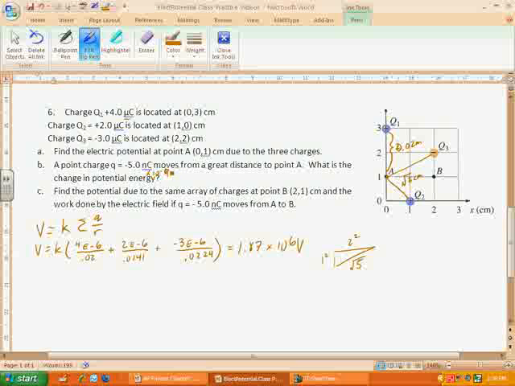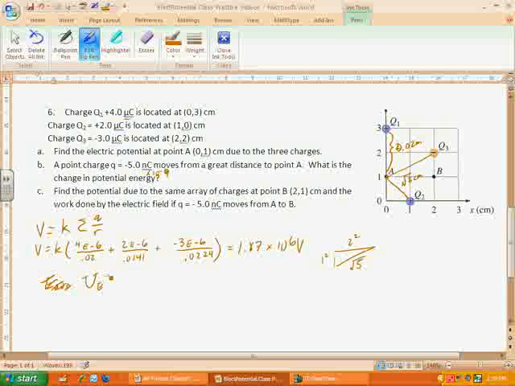Okay, well, how is voltage then related to energy? Well, we know that the energy, sorry, that's the electric field, that's not the energy. The energy is equal to Q times the voltage.